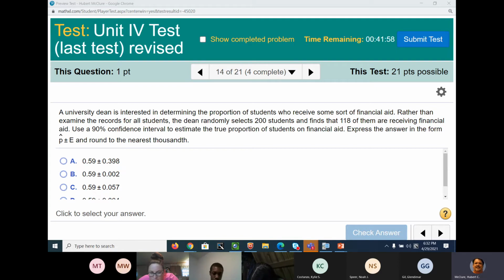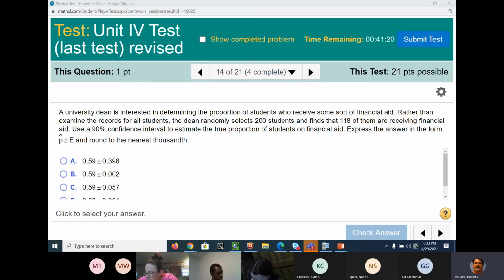Rather than examine the records, a dean randomly selects n equals 200 and finds that 118, x equals 118, receive aid. 90% confidence level equals z sub alpha over 2 equals 1.645. And they want a confidence interval, but they don't want you to write it.